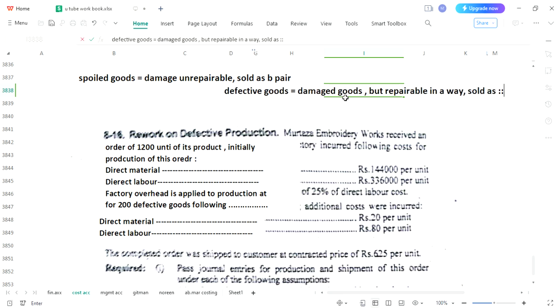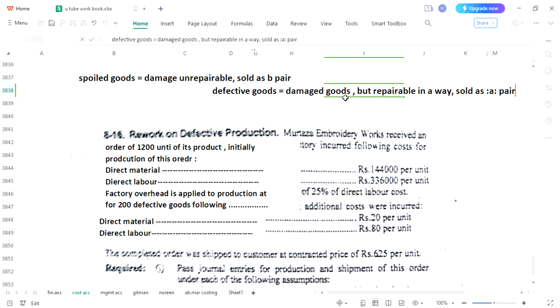So this is the difference you should keep in mind. What conclusion will you make? Defective loss is not a severe sort of loss. There would be minor damages which can be repaired easily, or such loss can be rectified easily. That is why you will be able to sell those damaged goods. Even after having some damage, you can sell them as A pair.